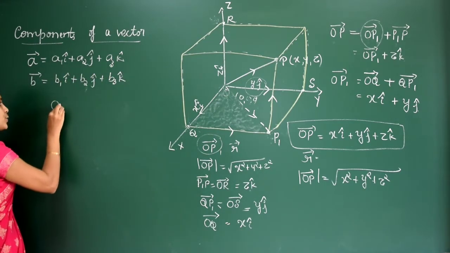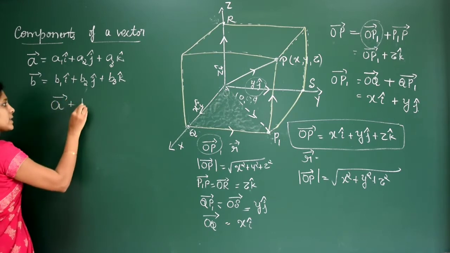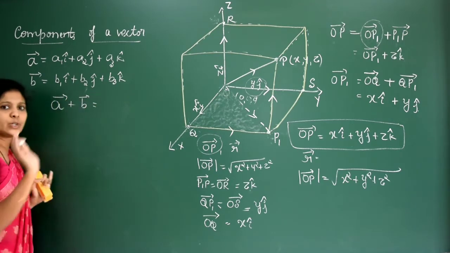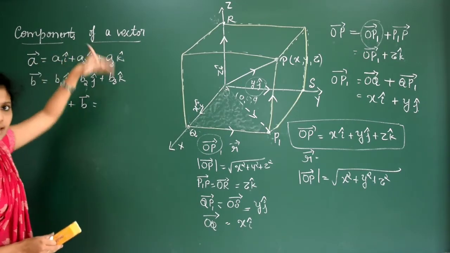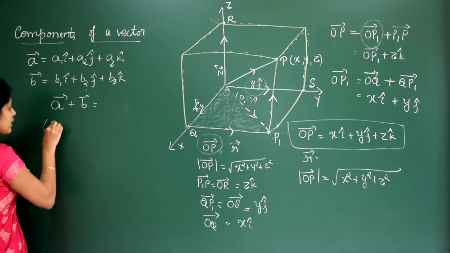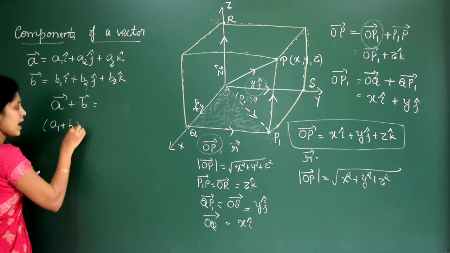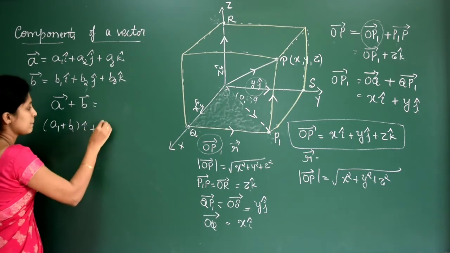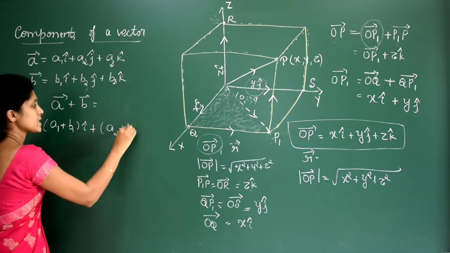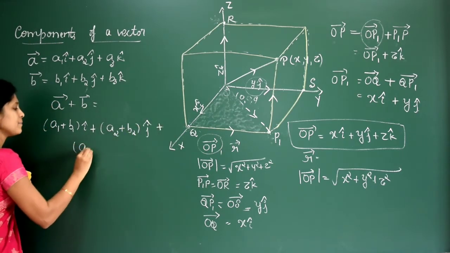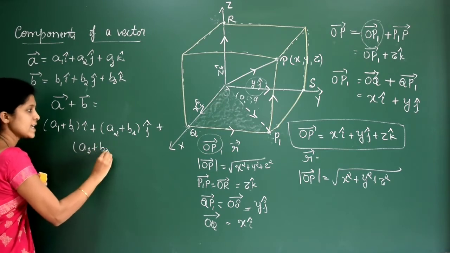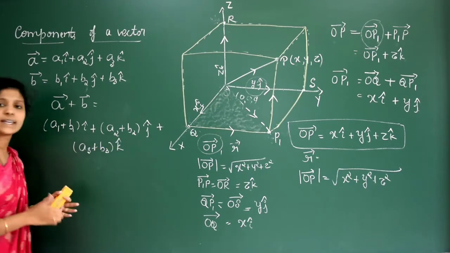Now the addition of two vectors, A vector plus B vector, is simple. You just need to add the corresponding elements, I mean x-axis elements, y-axis, then z-axis. So this is (A1 plus B1) i cap plus (A2 plus B2) j cap plus (A3 plus B3) k cap.